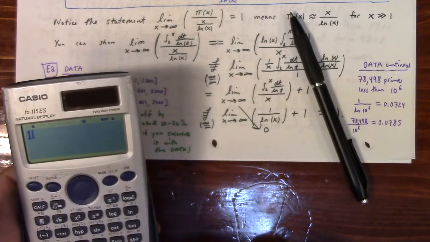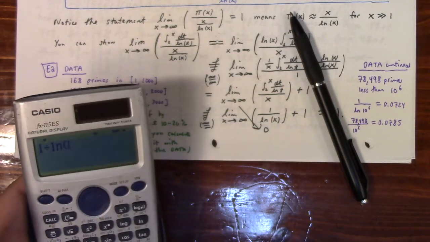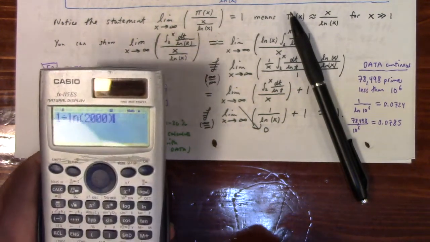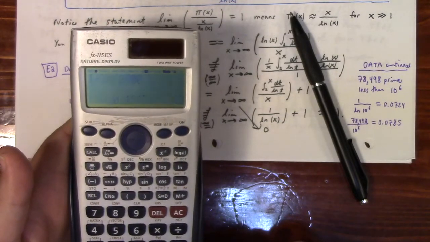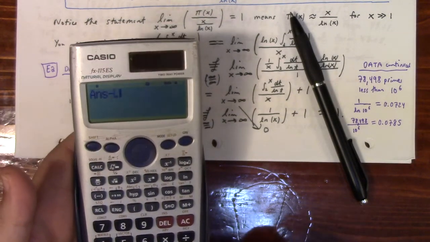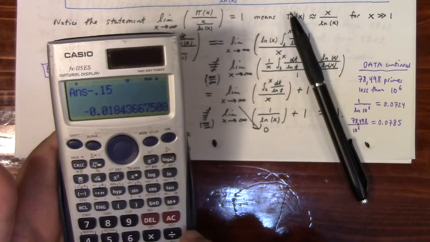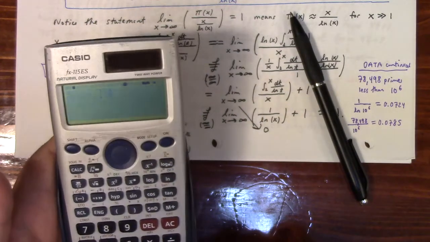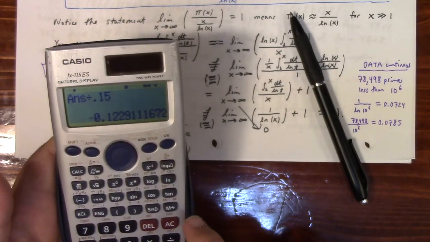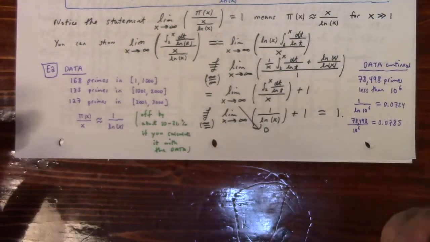Compare that to 1 divided by the natural log of 2,000. What do I get? 0.13. So I forget what I had. 1.5 was it? So I'm about 12% off. I don't know. So they're close, but they're not quite matching.